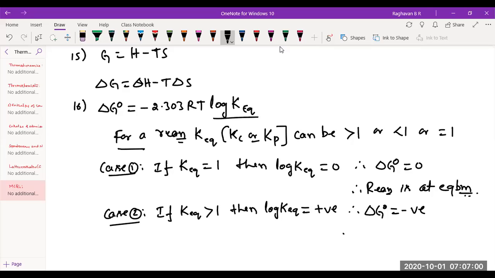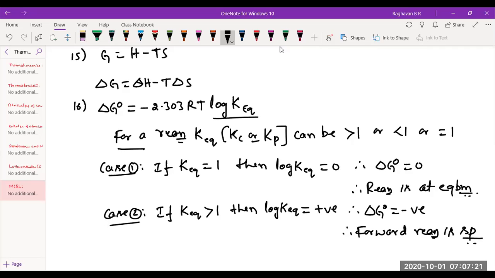Correct? Therefore, in a reversible reaction, we will say the forward reaction is spontaneous. I'll write spontaneous.